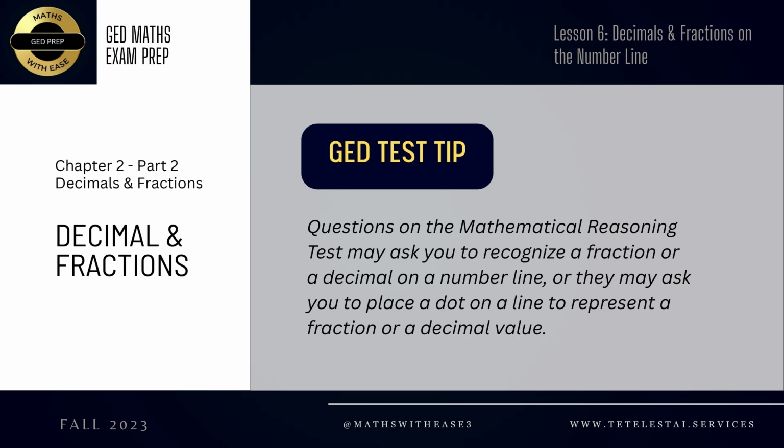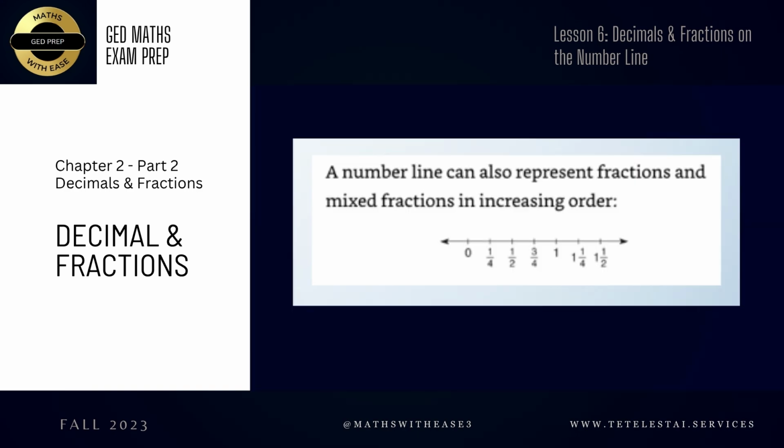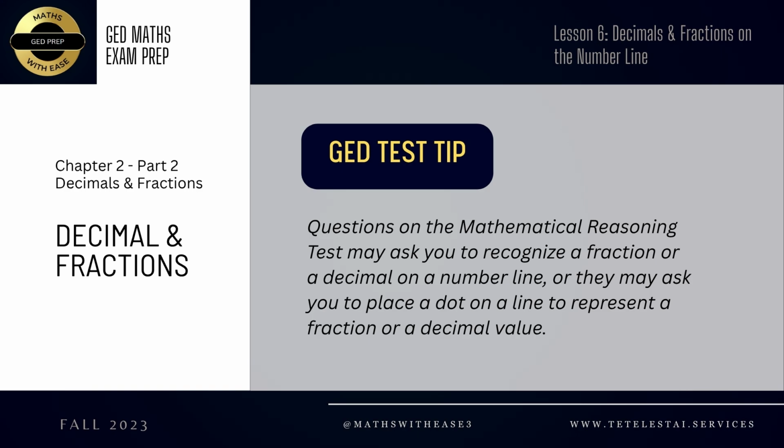The questions on the mathematical reasoning test may ask you to recognize a fraction or a decimal on the number line, or they may ask you to place a dot on a line to represent a fraction or decimal value. You could draw yourself a line, divide it accordingly, and then show where the dot should be placed according to the question.